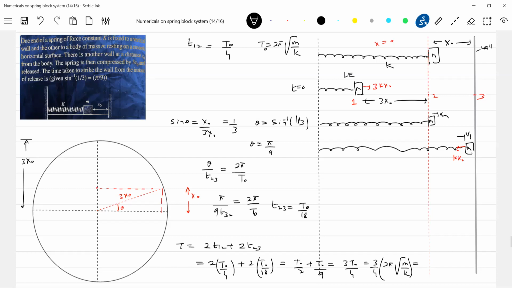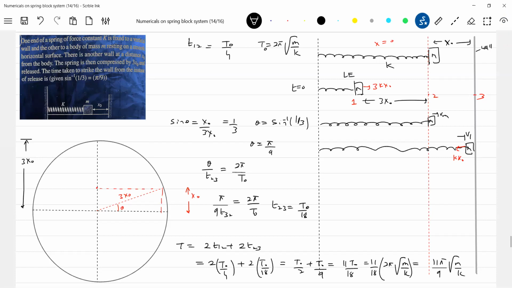How much will it be? 11 by 18, times pi by 9. This is the new time period of oscillation.